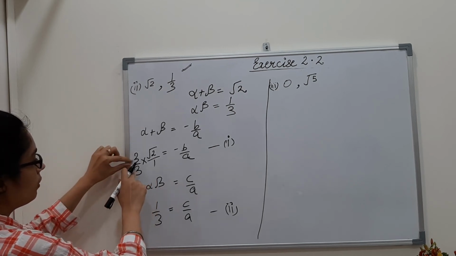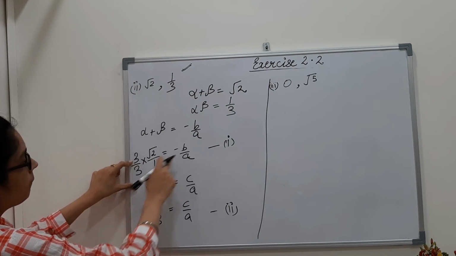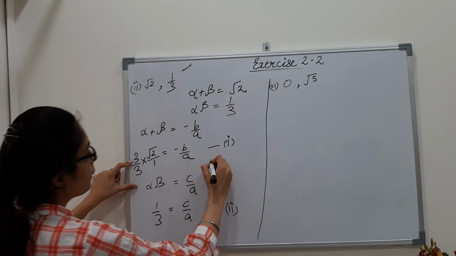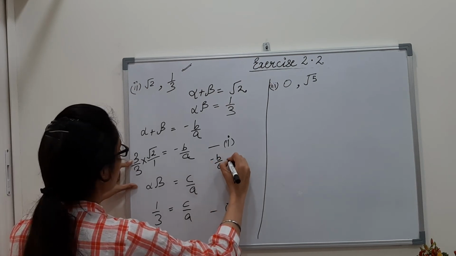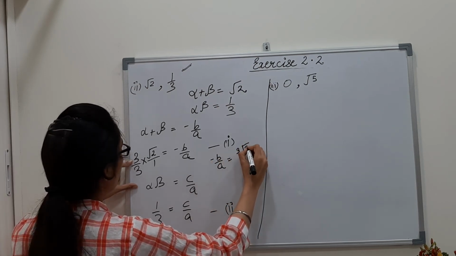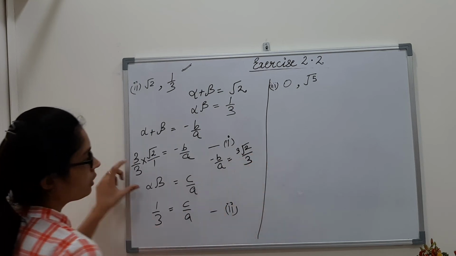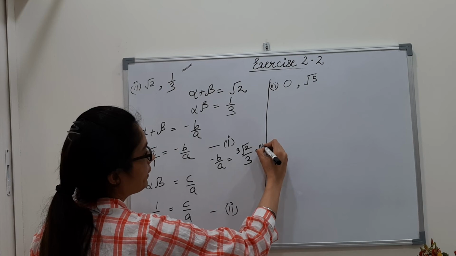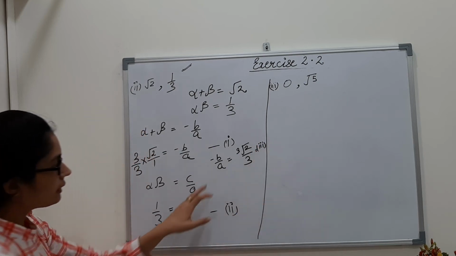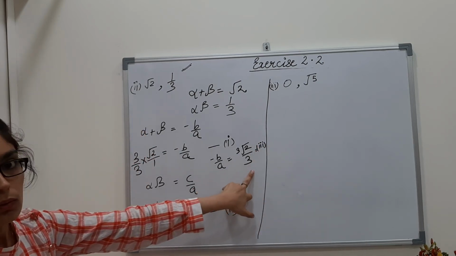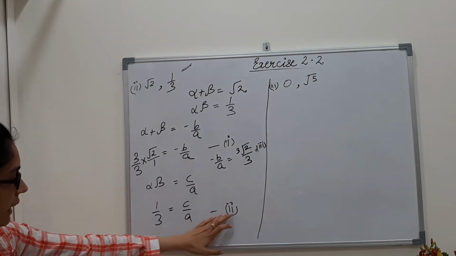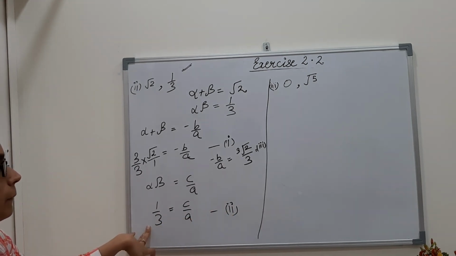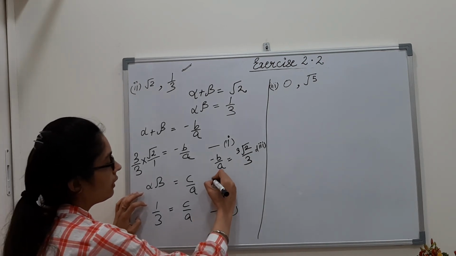Here if I multiply and divide equation 1 with 3, I will get minus b by a is equal to 3 root 2 by 3. So I got this, mark it equation 3. Now you can see your a equals to 3 and in the second also a is 3. Now from here we can get the values.